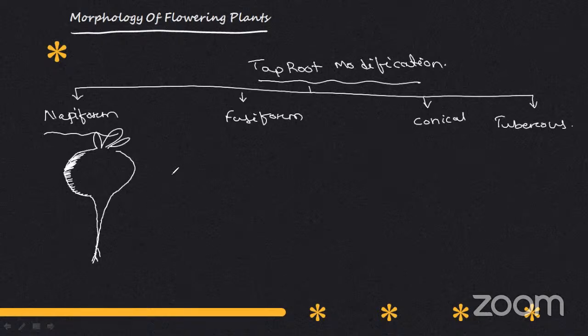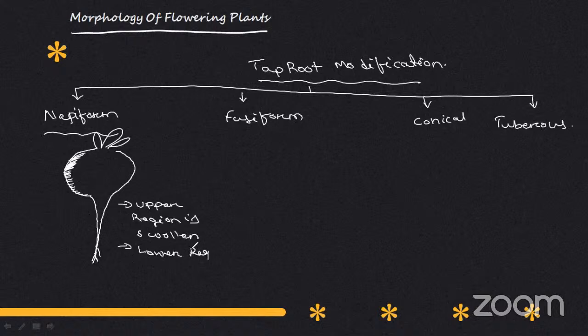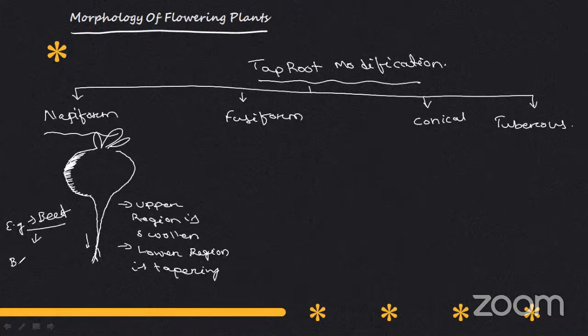So here the upper region is swollen, and the lower region is tapering. For example, this is found in the beet, whose biological name is Beta vulgaris.